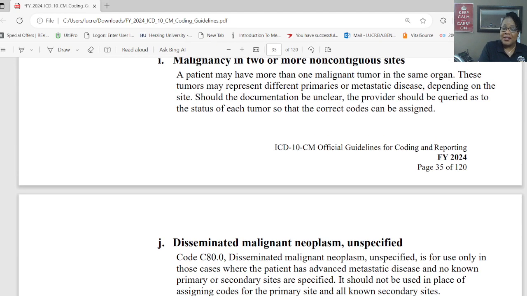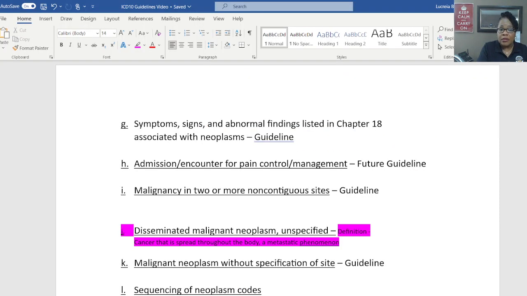So here we just need that documentation that clearly states which one's primary, which one's secondary, or are both of these metastatic or what? Get that documentation. Now, next one says disseminated malignant neoplasm unspecified. That's J.